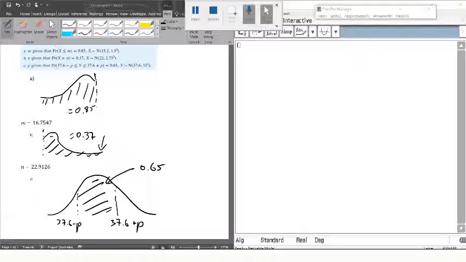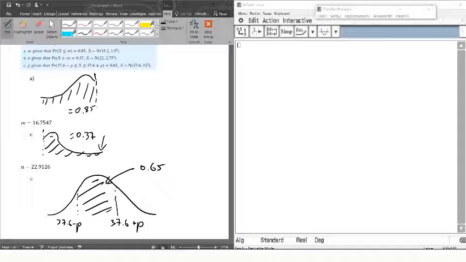All right, so part C is a little bit tricky. See how you have 37.6 minus p and 37.6 plus p. We want the middle to be equal to 0.65. However, because the middle is equal to 0.65, you have this section and this section, which is the other part of your area.